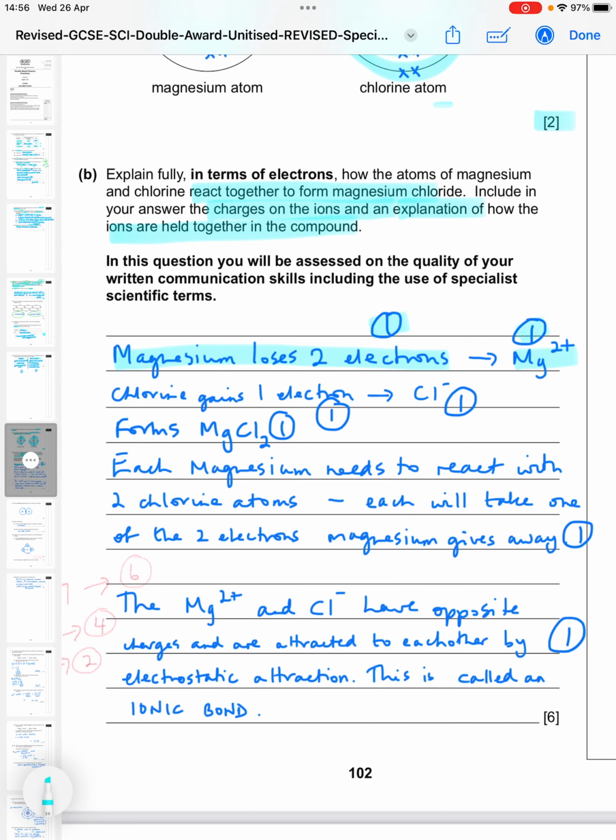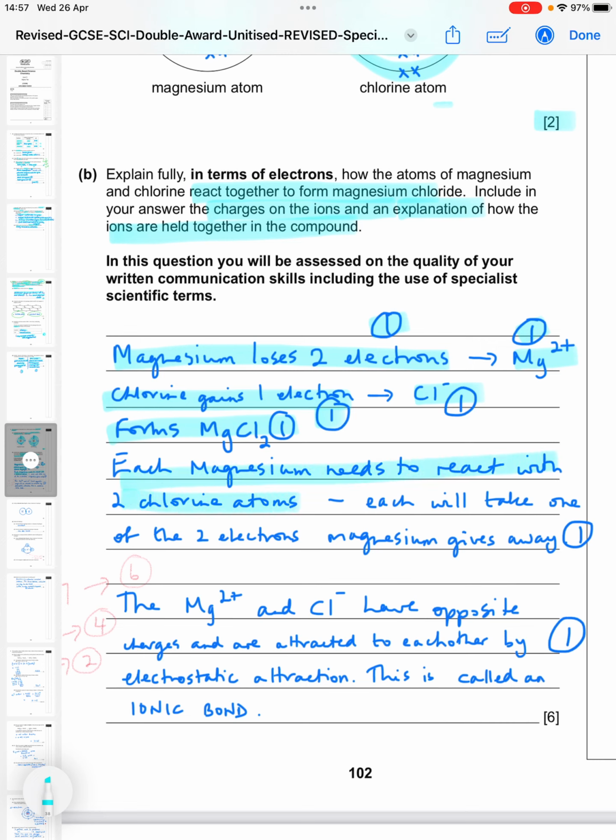So stating that it loses 2 electrons would be 1 marking point. And the formula for the ion would be another. Chlorine gains 1 electron is 1 marking point, and the chloride ion Cl- is another point. Forms magnesium chloride MgCl2 would be another marking point, just for stating that formula.